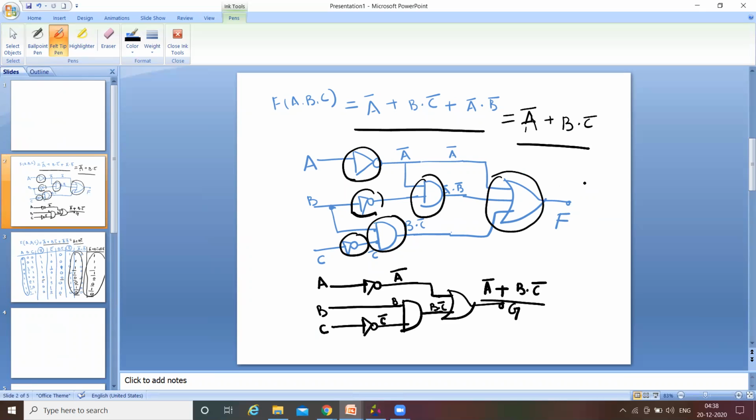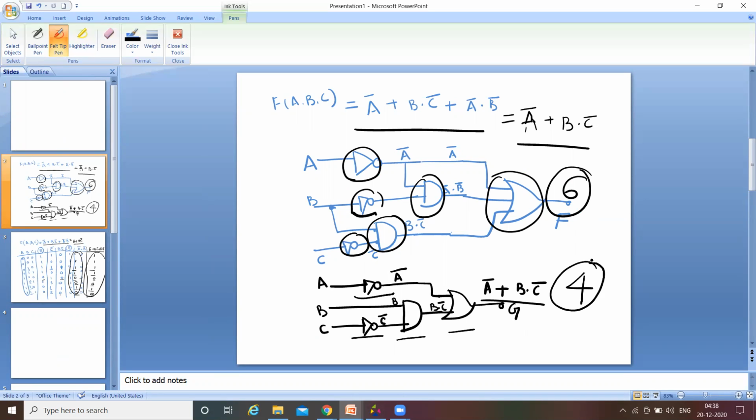How many gates are required here to implement this? 6 gates. Whereas here, see here, 1, 2, 3, and 4. So 4 gates are required.